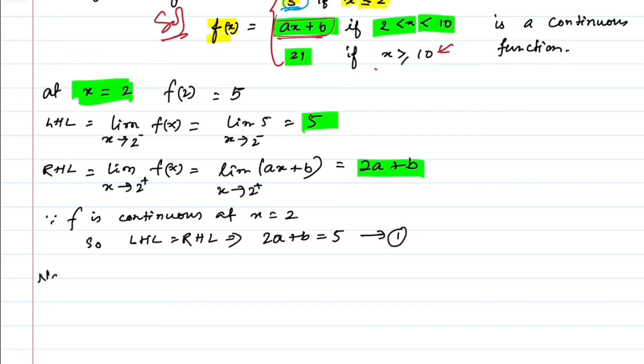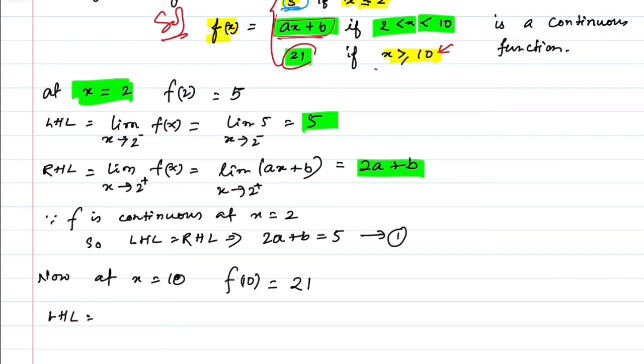Now, at x is equal to 10, f of 10 will be equal to, for x greater than or equal to 10, it is 21, it is already given. So that is why it is going to be 21. And now, let us find the left hand limit here.